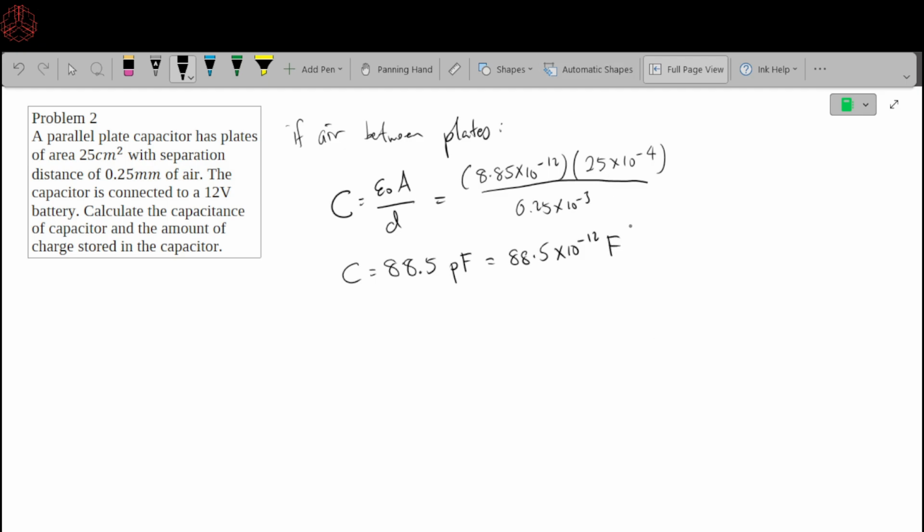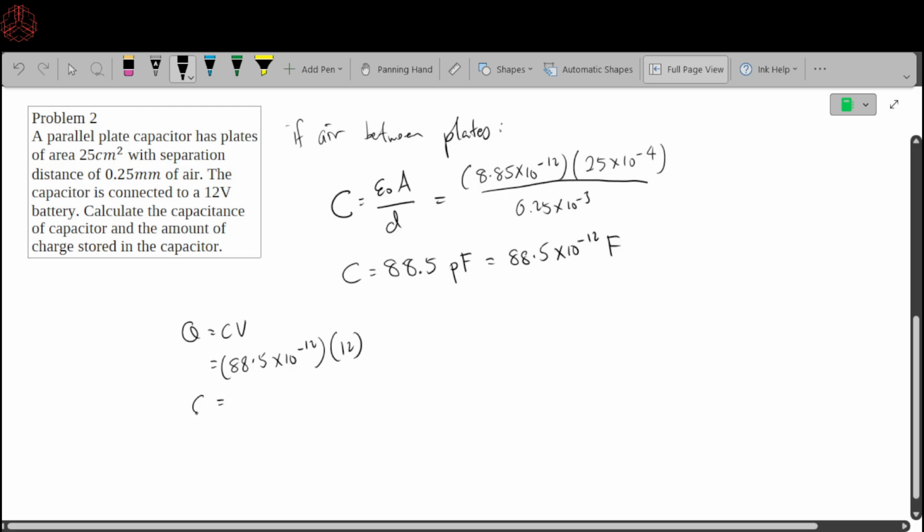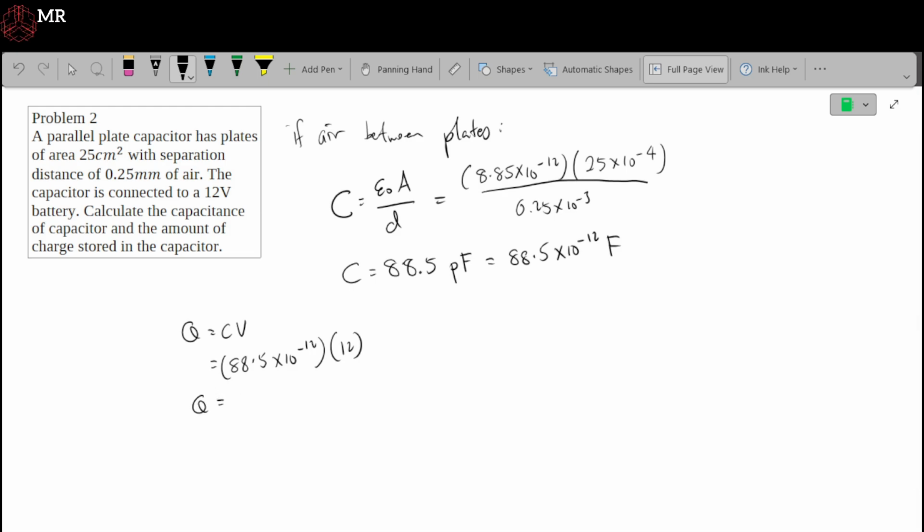Okay, let's do the second part of the question, which is the amount of charge stored in the capacitor, which brings us back to the equation before, which is Q equals CV. This time I know what my C is, 88.5 times 10 power of negative 12, and then my voltage is 12, and now all I'm looking for is just Q, right?